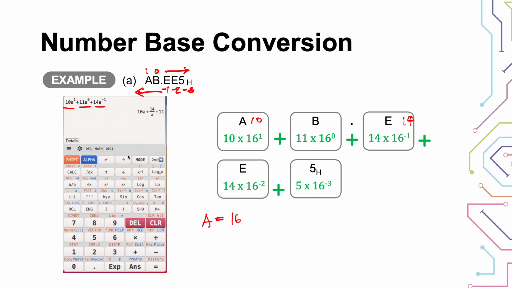And then plus 14, then alpha A, then raised to negative 2. Then add 5A raised to negative 3.